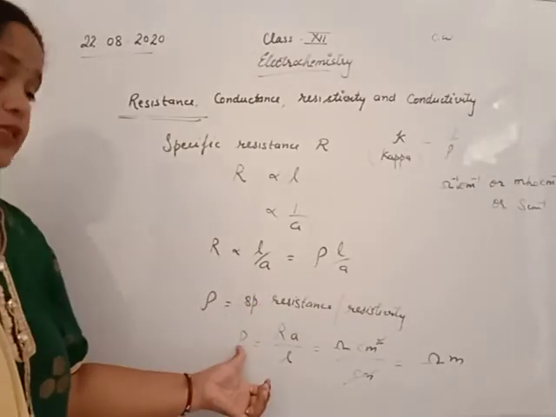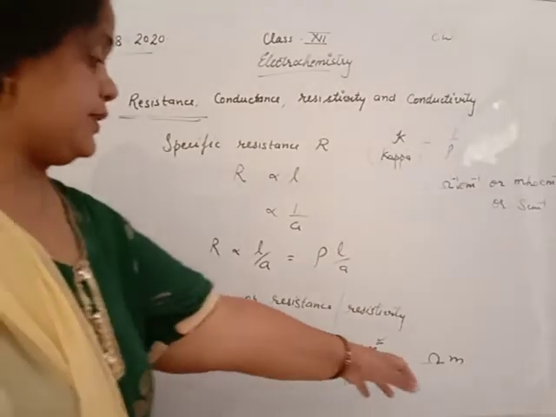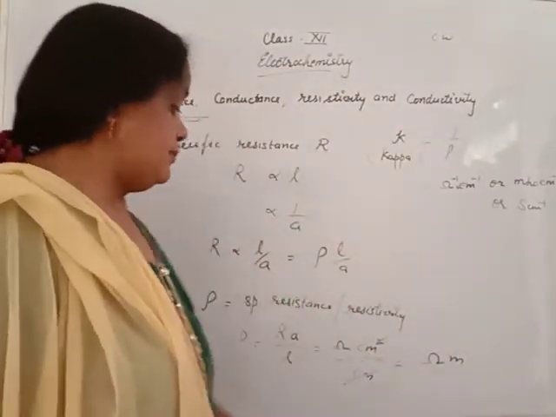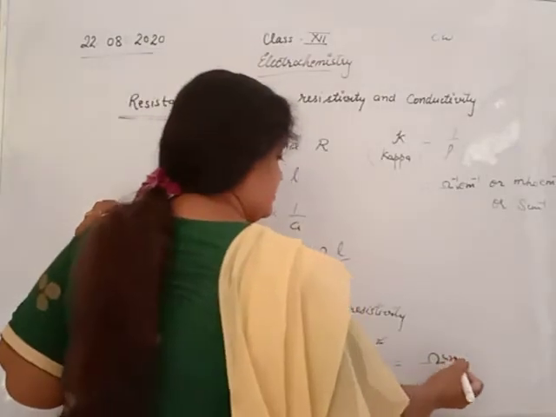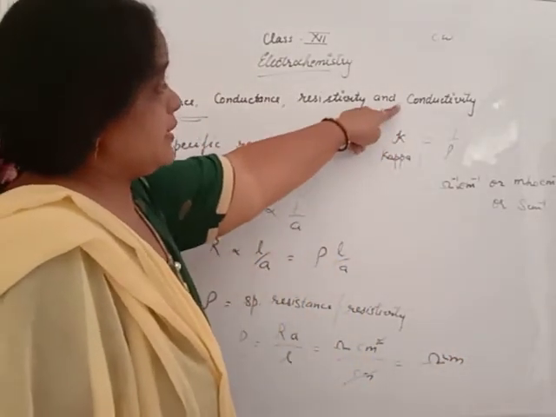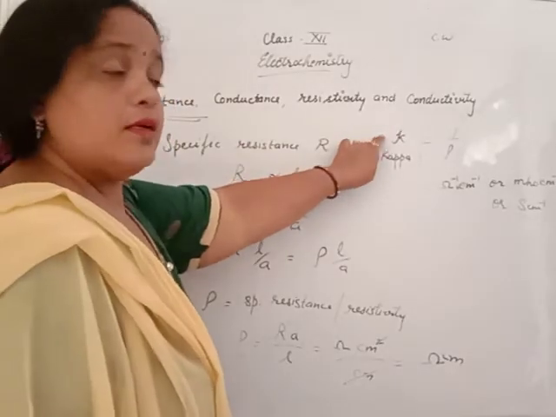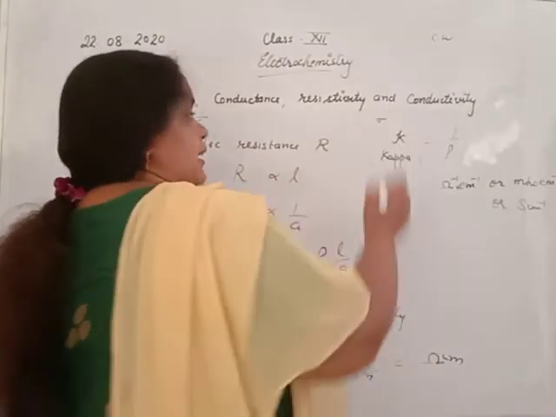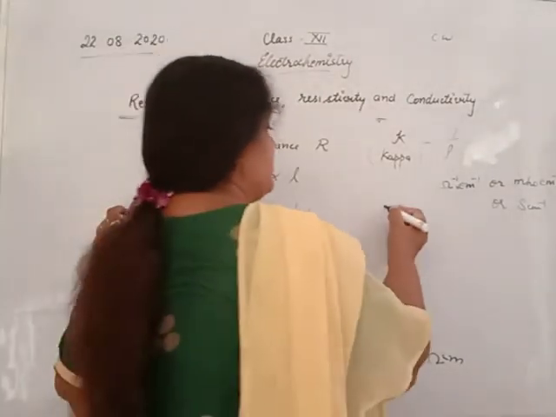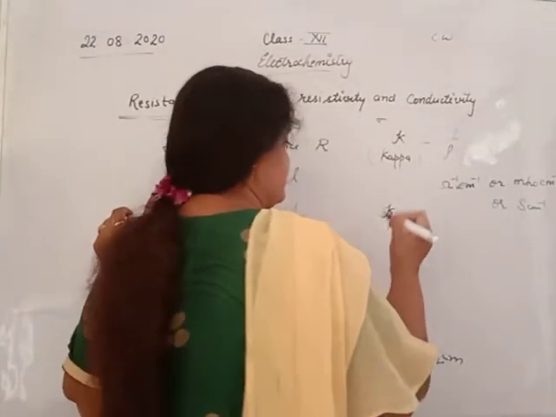Now, the unit of resistivity is ohm meter or ohm centimeter. And conductivity is represented by kappa. In some cases maybe sigma also, but nowadays we use kappa. Not simple K, kappa is this one.